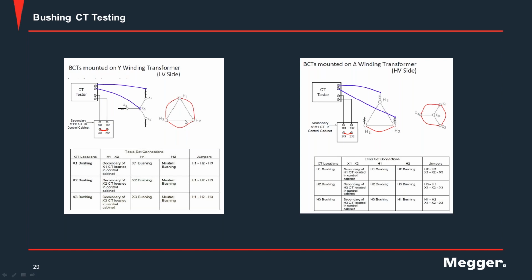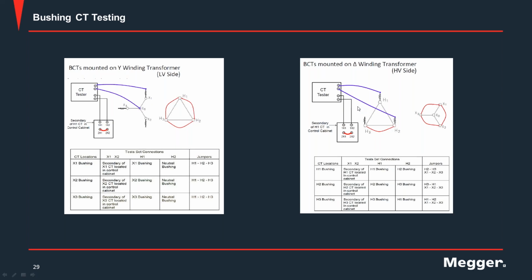This is to cancel out the inductance on the secondary, and then we inject the voltage on the secondary at the terminal box or the control cabinet, and then we measure the voltage on the primary terminals of the transformer. Because again, this is a bushing CT, so the CT is normally built into the bushing of the transformer.